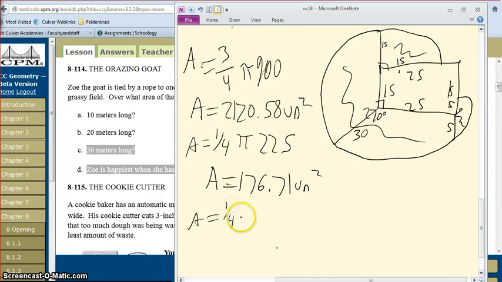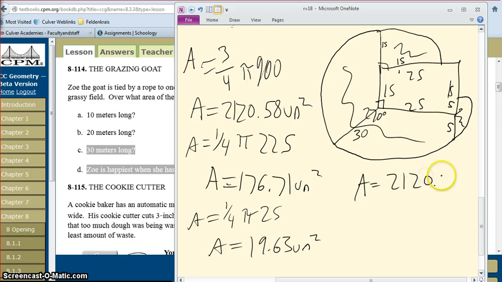The last area for this right here is going to be area equals 1/4 pi 25. And that is going to equal 19.63 units squared. So I'll add those areas up. Right here. 2120.58 plus 176.71 plus 19.63.